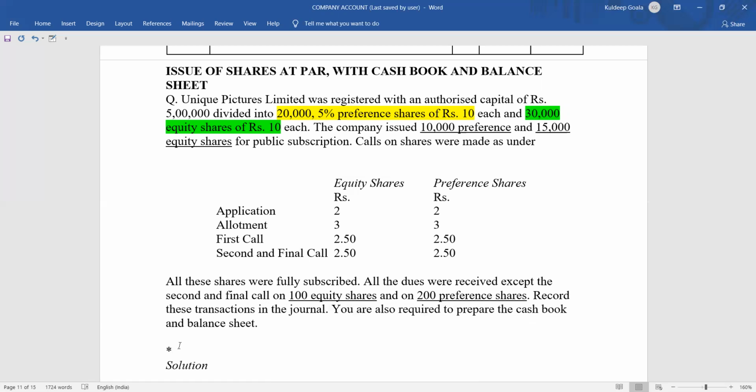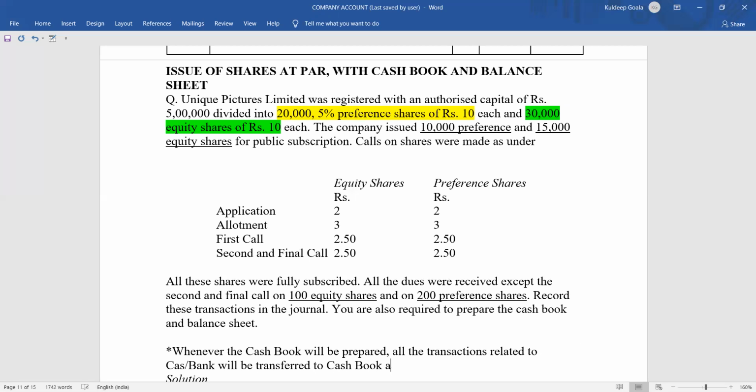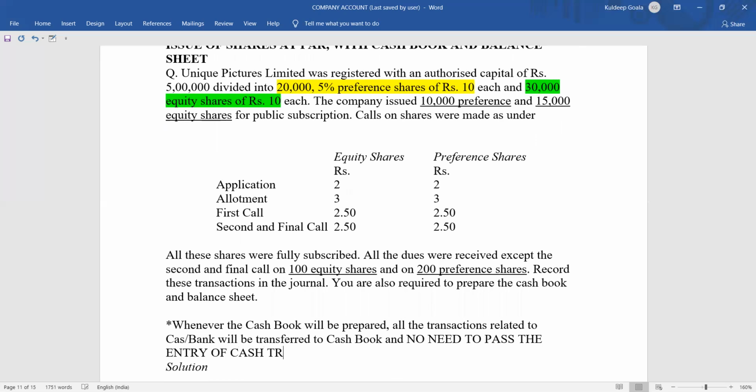Now remember one important point: whenever the cash book is prepared, all the transactions related to cash or bank will be transferred to the cash book, and no need to pass the entry of cash transactions.